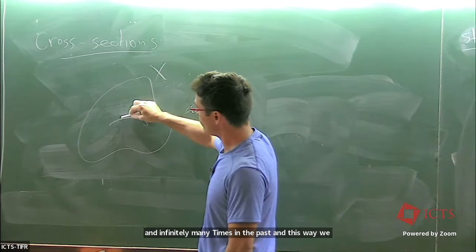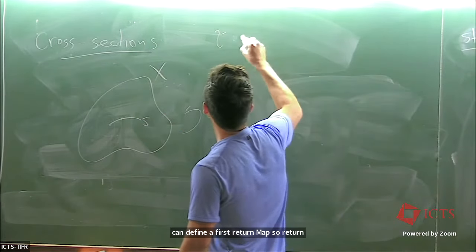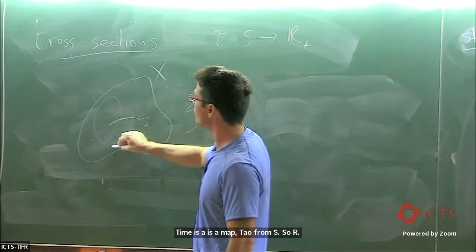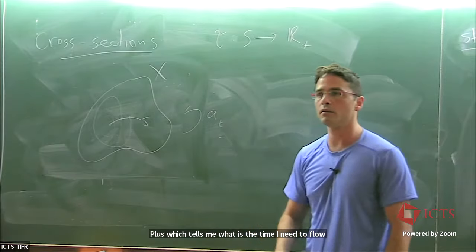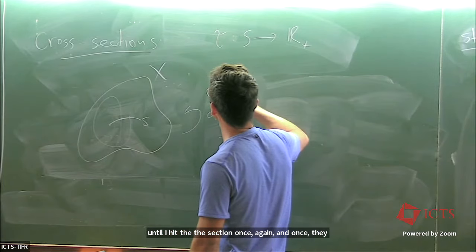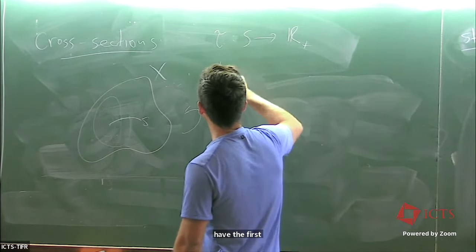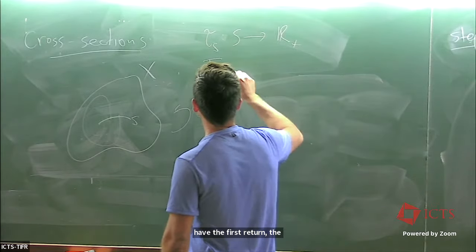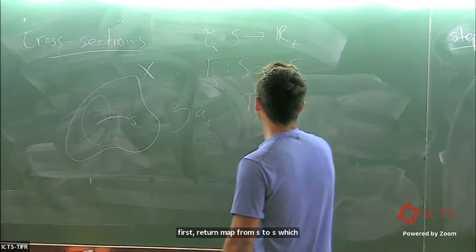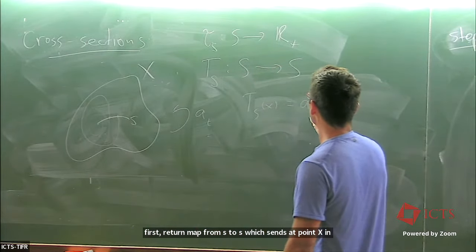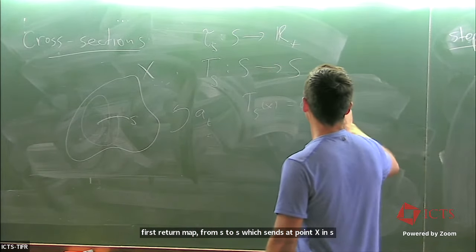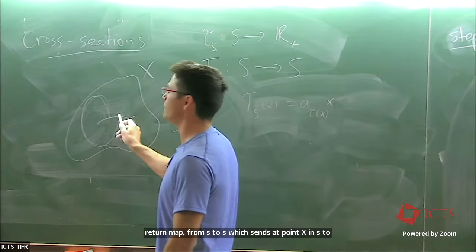So a return time is a map tau from S to R plus, which tells me what is the time I need to flow until I hit the section once again. And once I have the return time, I have a first return map from S to S, which sends a point x in S to its next visit to S under the flow.